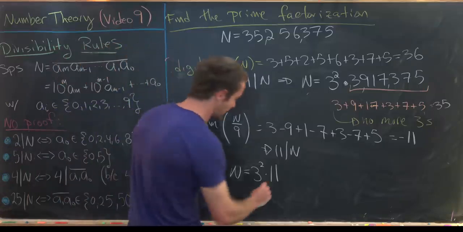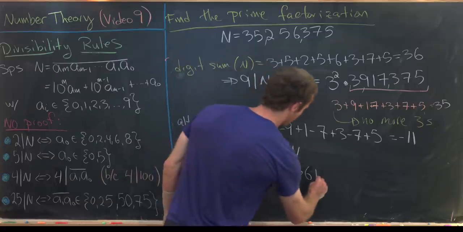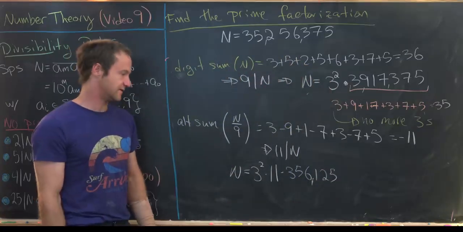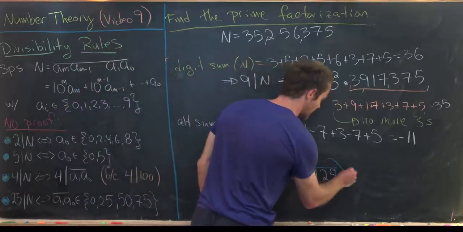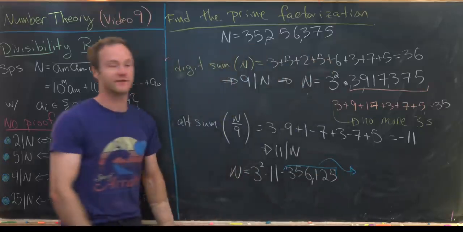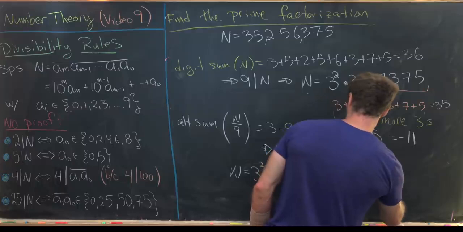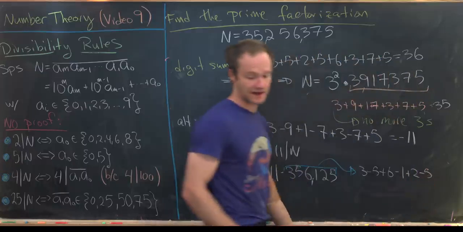and then after that, we have 3, 5, 6, 1, 2, 5. Before we move on to another divisibility test, let's do the alternating sum on this leftover bit to see if there are more factors of 11. So here we have 3 minus 5 plus 6 minus 1 plus 2 minus 5.